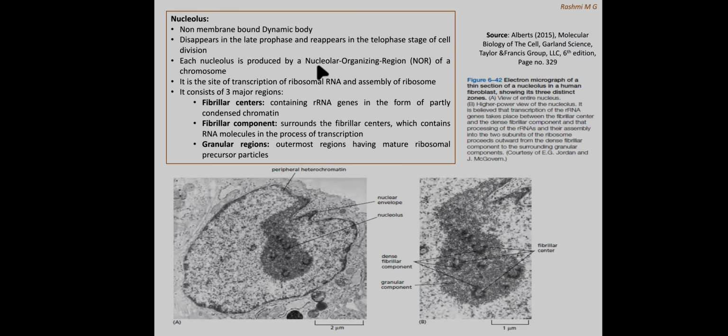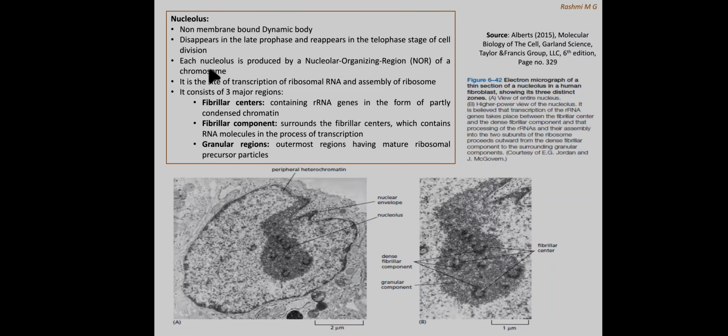This nucleolus is produced by a particular region of the chromosome known as the nucleolar organizing region, and it consists of three major regions: fibrillar centers, which contain rRNA genes in the form of partly condensed chromatin; the fibrillar component, which surrounds the fibrillar center and contains RNA molecules in the process of transcription; and the granular region, which is outermost and has mature ribosomal precursor particles.